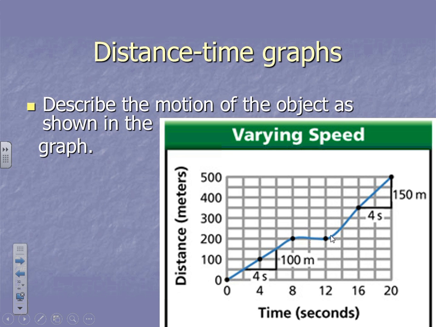Then it just automatically begins moving again, and you can see we're using these 2 points here. 150 divided by 4 gives you somewhere in the neighborhood of about 37, excuse me, 37 is the rough speed of this particular line. So 37 right there.